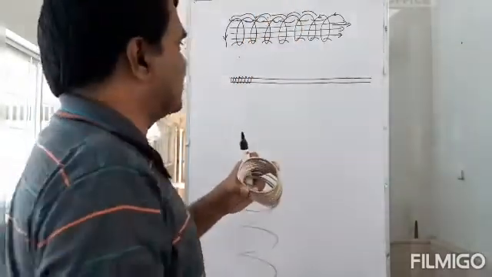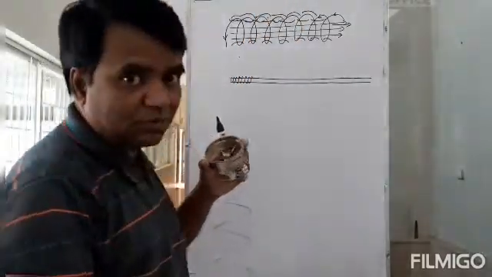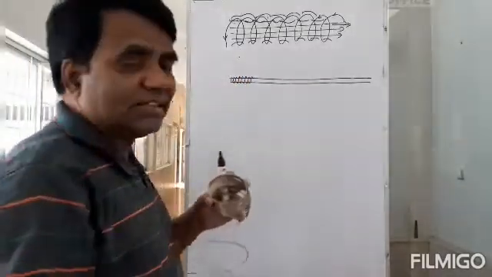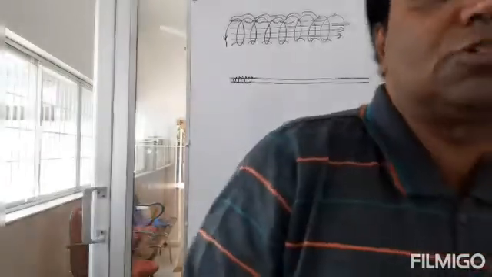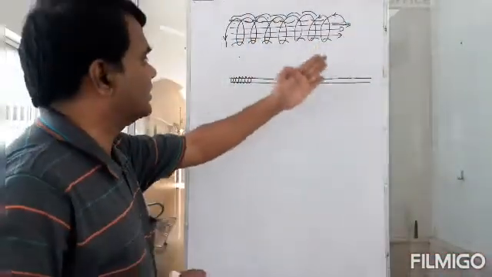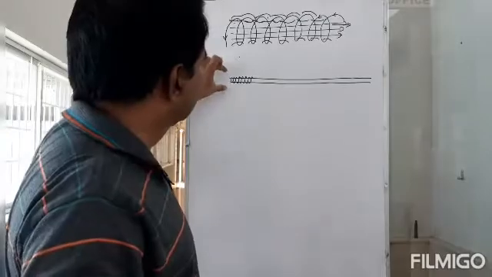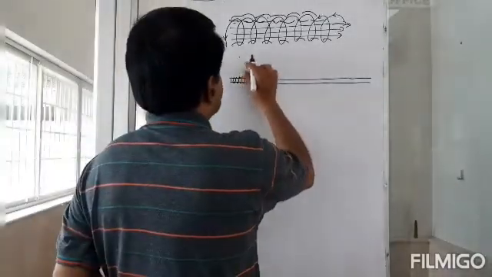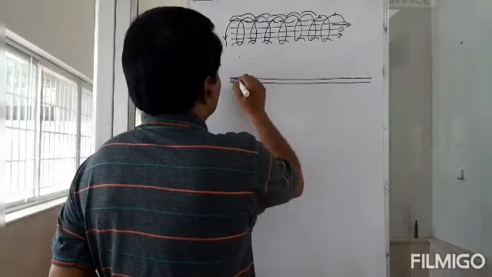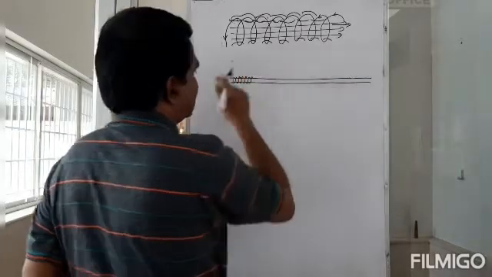Now that is the reason why we are even talking about a solenoid like this. We are considering a solenoid which is pretty long. The length of the solenoid is large compared to the width of the solenoid. So that just outside, the field set up by one can be cancelled by the other.